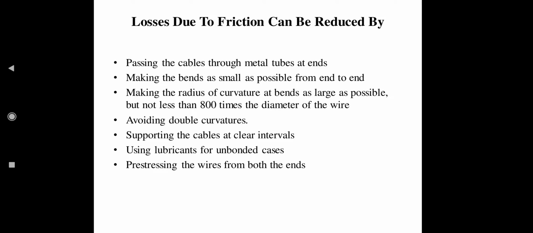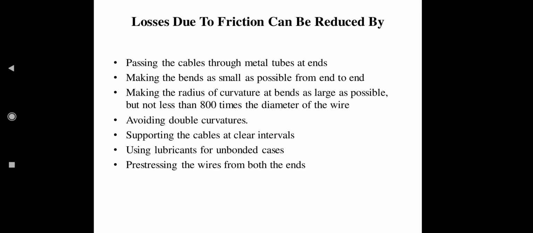In a post-tensioned concrete member, the ends are not usually provided with metal tubes. If we provide metal tubes at the ends of a concrete member and allow the cable to pass through them, then we can reduce the loss due to friction. Then, making the bends as small as possible from end to end.